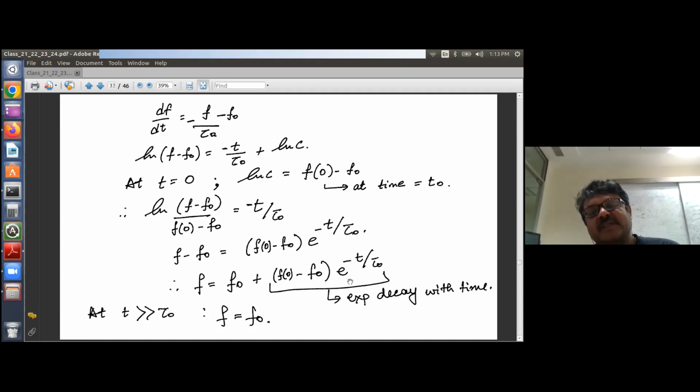And this quantity is going to decay exponentially with time, because this term decays at times greater than tau 0. It is extremely small. So at times much larger than tau 0, left to itself, the distribution function would become f0, at any time beyond tau 0.